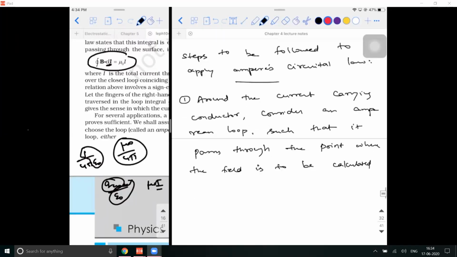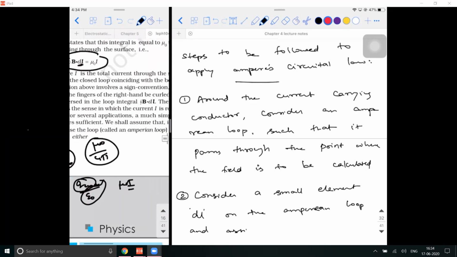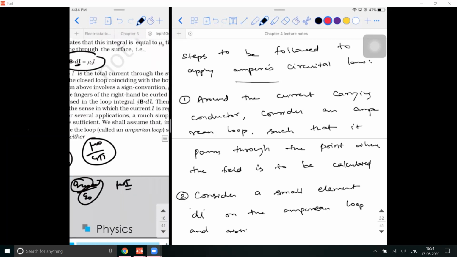Second, consider a small element dl on the Amperian loop. And for Amperian, it is spelled A-M-P-E-R-I-A-N, sorry, I made a mistake.